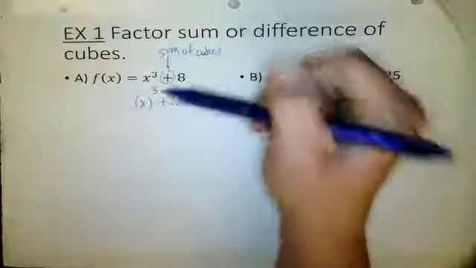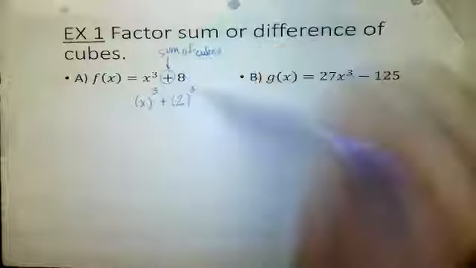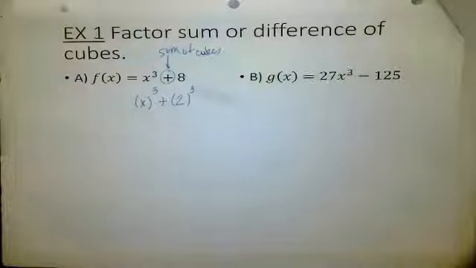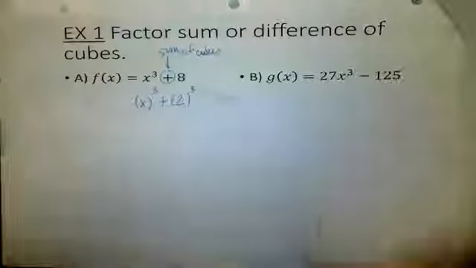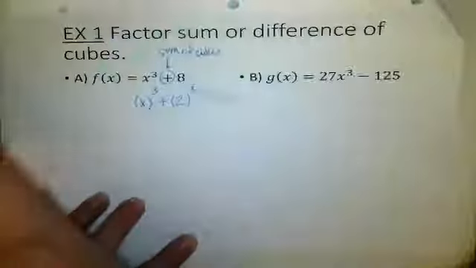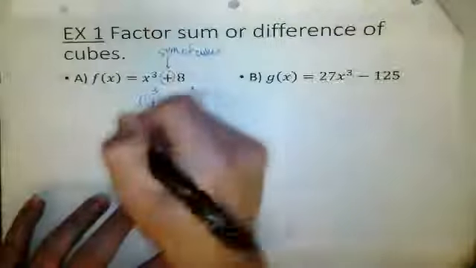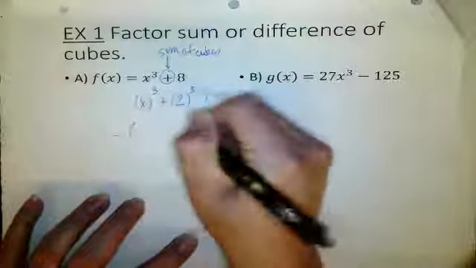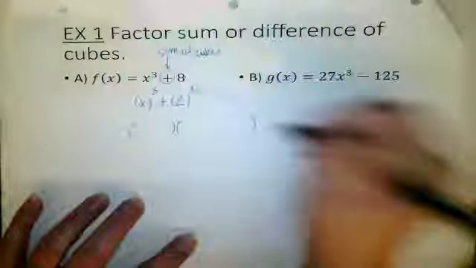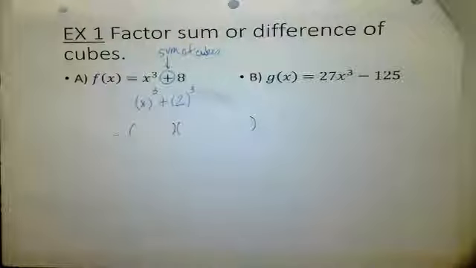All right, so we're going to rewrite this x cubed plus 8 so we can see the bases of those perfect cubes. And then once you recognize the bases, sum or difference of cubes always, always, always factors into small bubble, big bubble. And so that's sort of the key word I'm going to give you today. Small bubble, big bubble. So you need to set up your small bubble, big bubble structure.